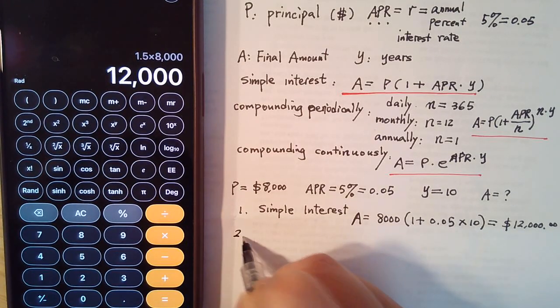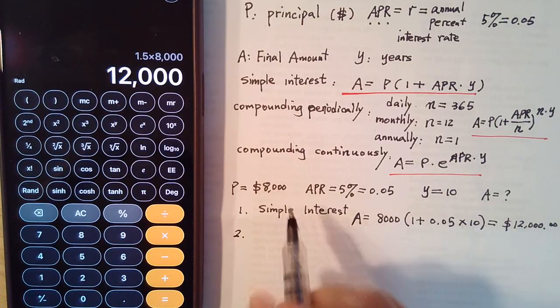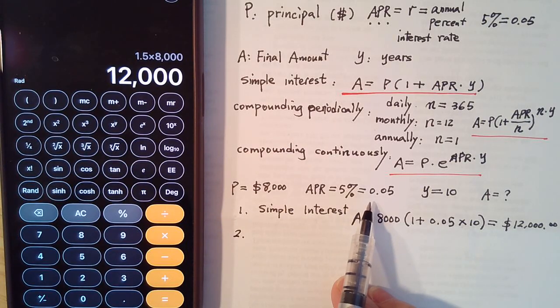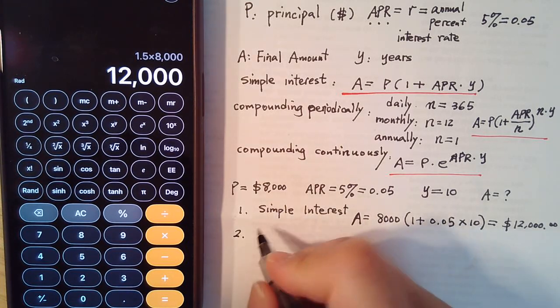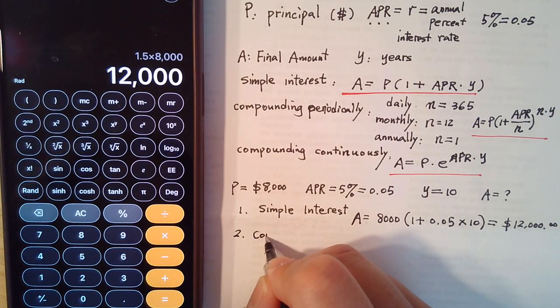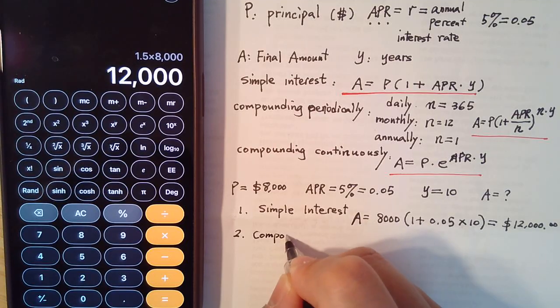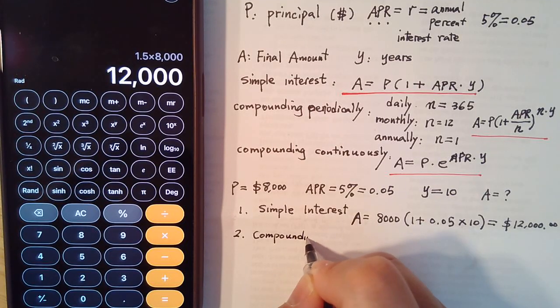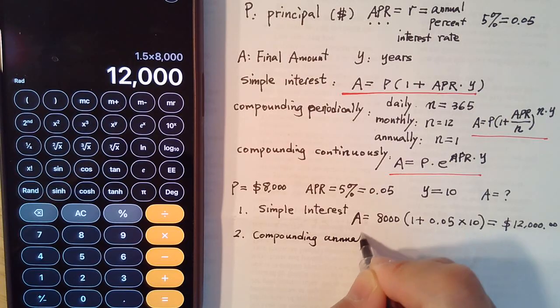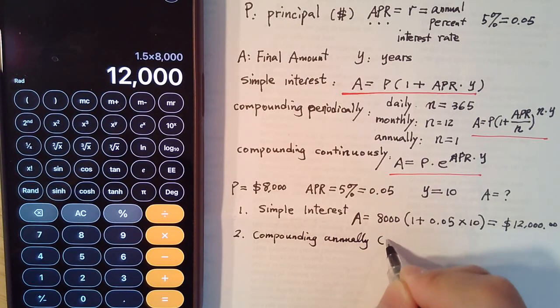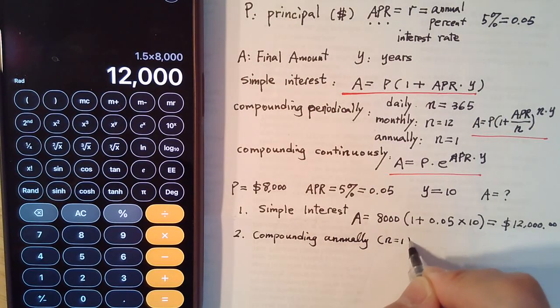So number two, what if you put the money in the bank, it still pays you 5%, you still leave the money there, this principal, for 10 years. And what about if the bank compounds the interest annually? Annually means N equals 1, right?